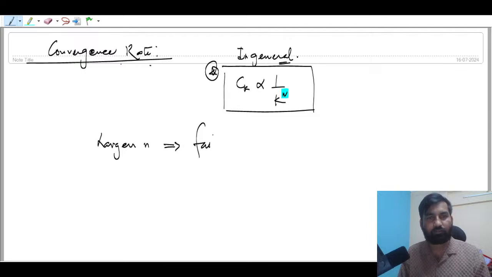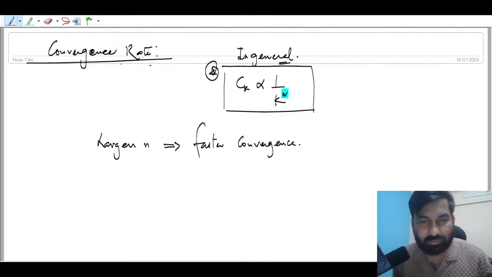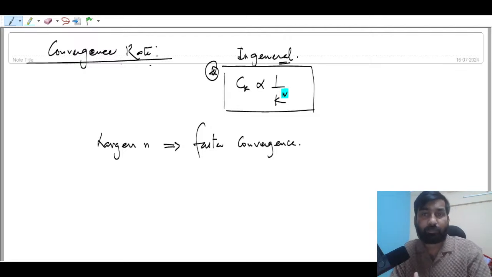If n is very small, then the convergence will not be faster, it will be slower. There will be very few terms in the truncated series, and the signal is going to be smoother as well.